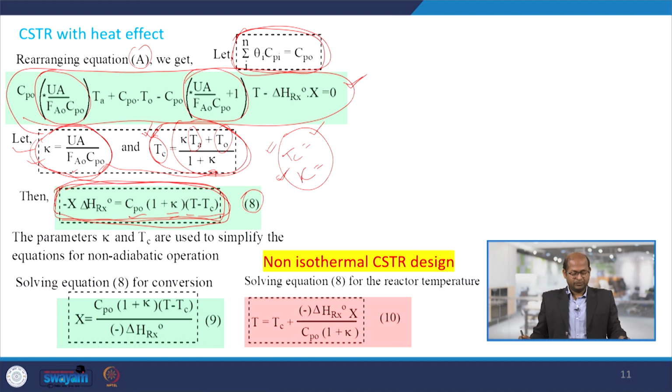Okay. Or else, these equations we can write this way, as equation 9, where on the left hand side we put x, and on the right hand side Cp0 times (1 plus kappa) times (T minus Tc) by minus delta H of reaction. So, equations 8 and 9 are both the same, but we are expressing them in different ways.